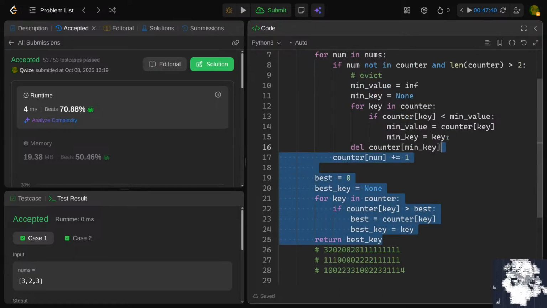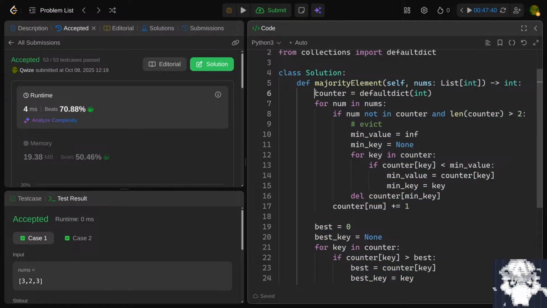I have a feeling this is correct. I wasn't able to prove it.